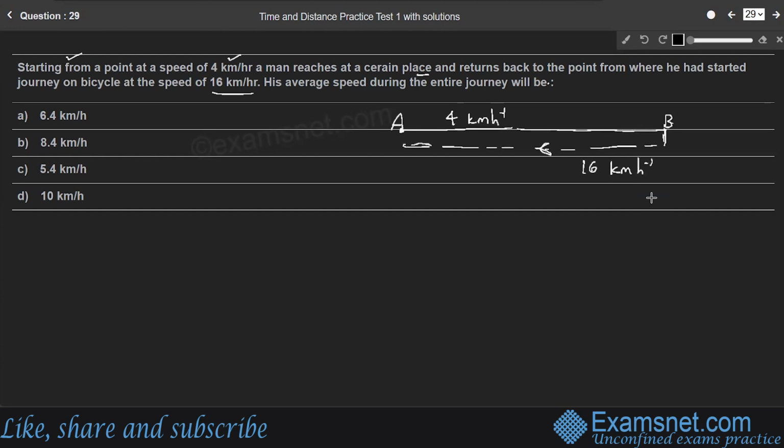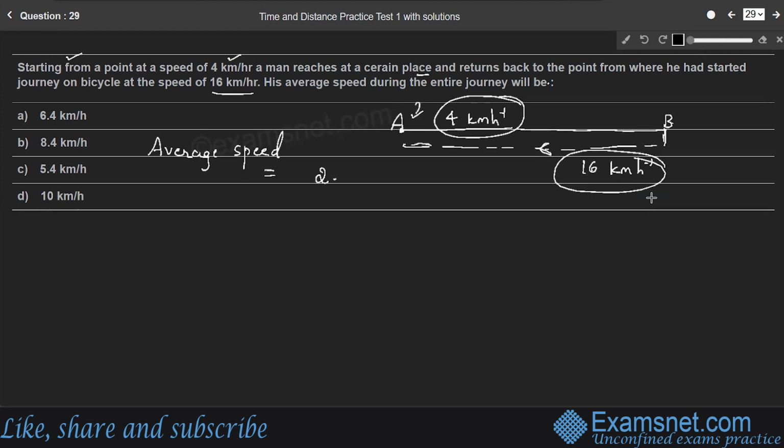Right? Here, the same man has two different speeds. So in such a case, average speed is calculated using a formula. When the same object or the same person has two different speeds, and is coming back to his original place, average speed is 2 times the product of his two different speeds divided by their sum.